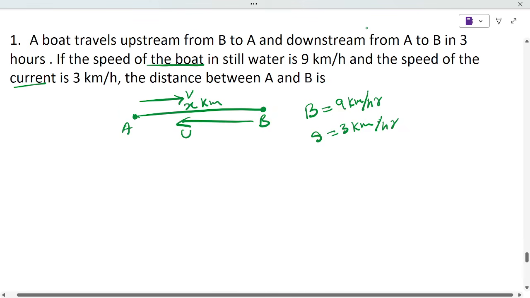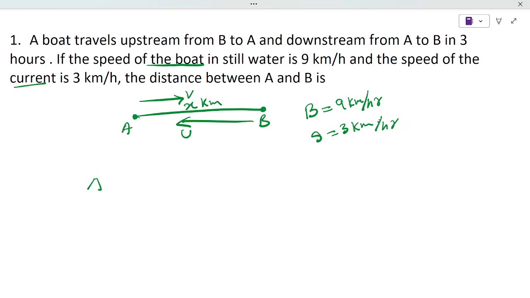Now here the total time is given as 3 hours. So time of upstream plus time of downstream is the total time, 3 hours. Time is defined as distance by speed.